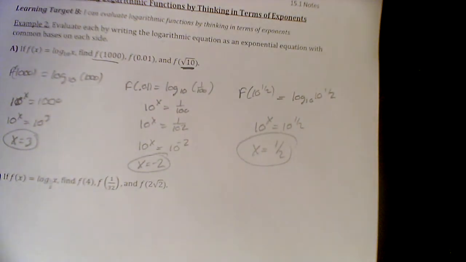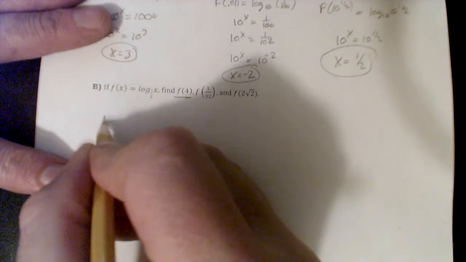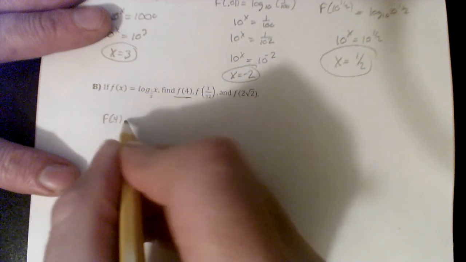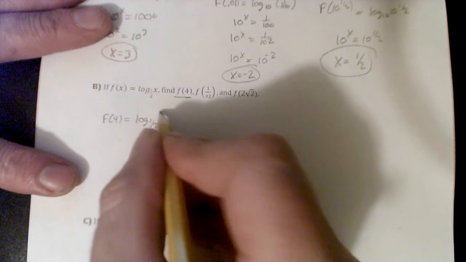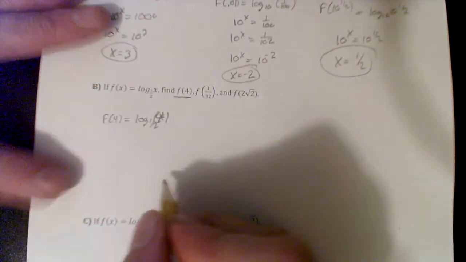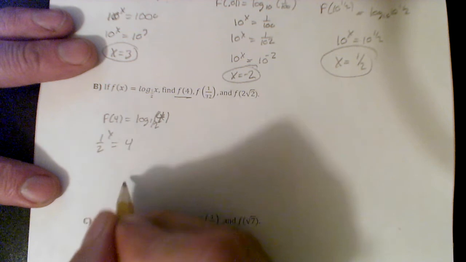I'm going to write a few more down here. But now we're going to get a base of 1/2. This might be the hardest one because the base is upside down. Let's plug in 4. So I'm going to say f of 4 equals log base 1/2 of 4. So let's write that. 1/2 to what power is 4?